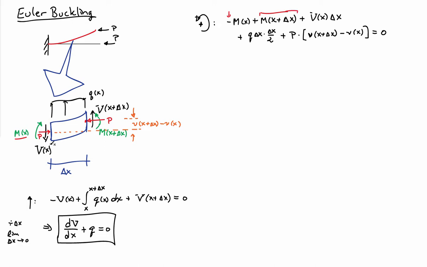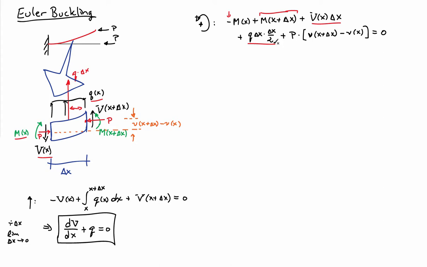I'll have the moment due to the shear force on the left side, so that's V times the lever arm, so V delta x. And then I have the moment due to the distributed load. Let me simplify things here. I'll replace the distributed load by a single point force right in the center, and I'll assume that it is q delta x in magnitude. So that's an approximation, but then the lever arm here is just delta x over 2. That gives me this term here for the contribution from the distributed load.